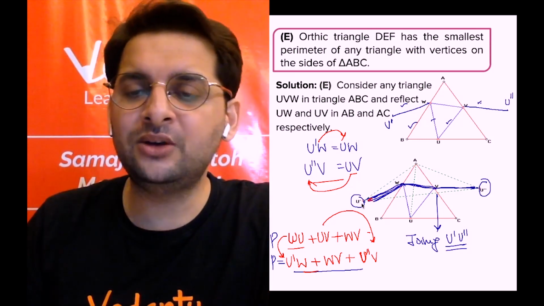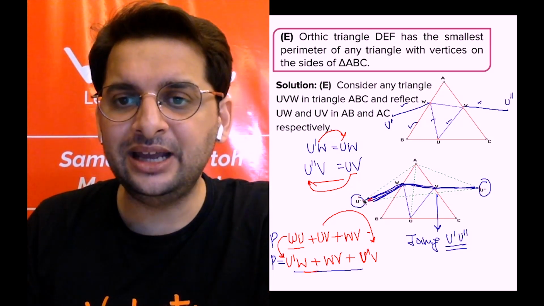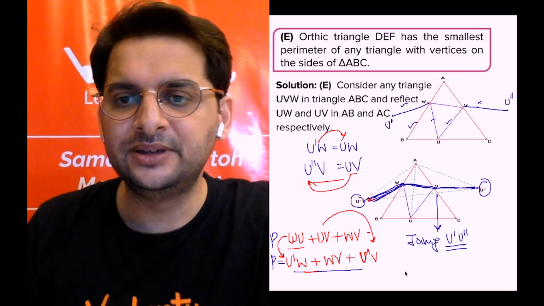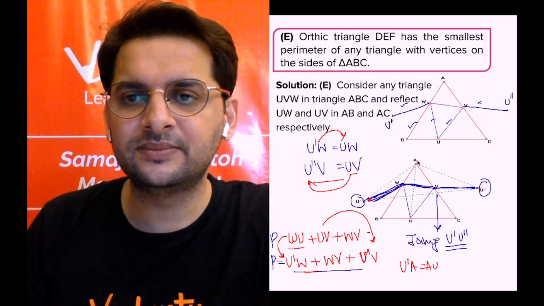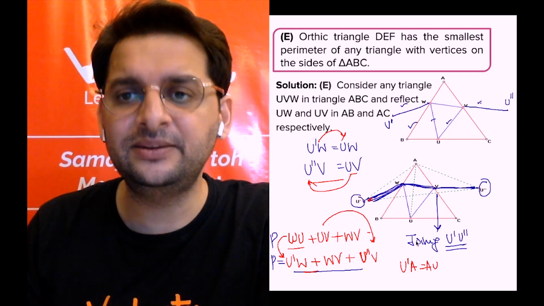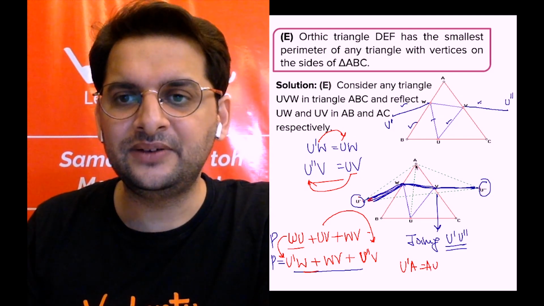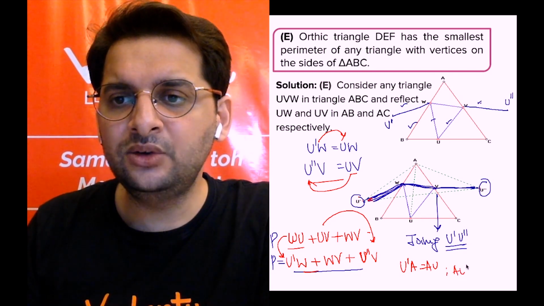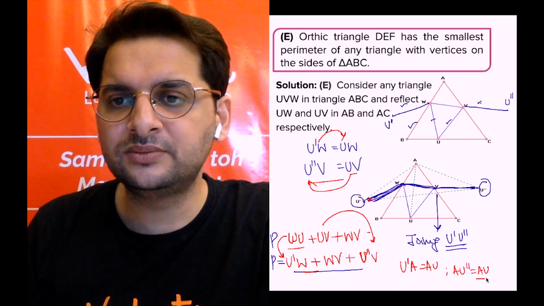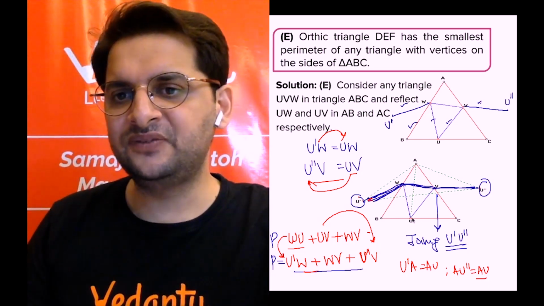Now, one thing we can also see is that if we join U dash and A, then U dash A is same as AU, because we reflected this point. We reflected this line, and also AU double dash would be same as AU, because it is a reflection.